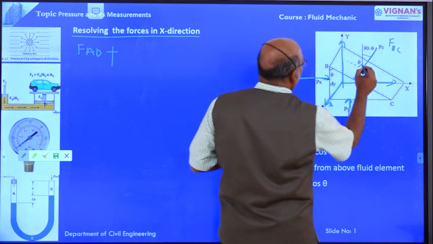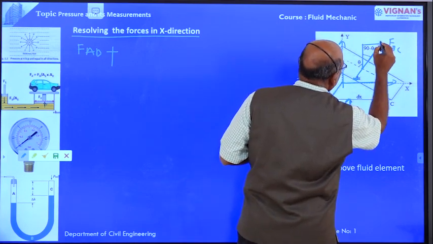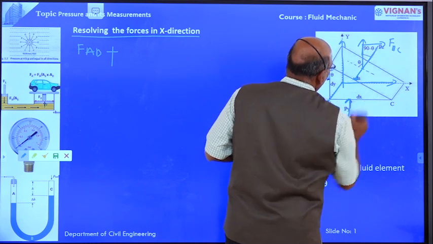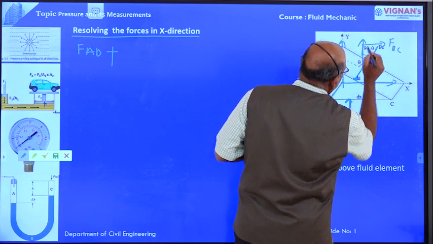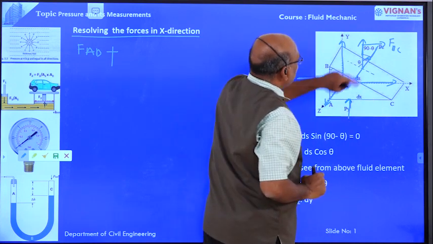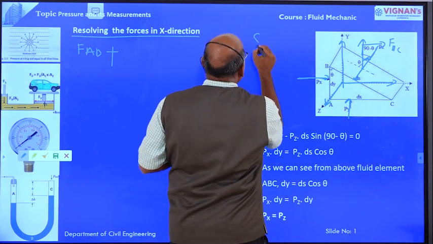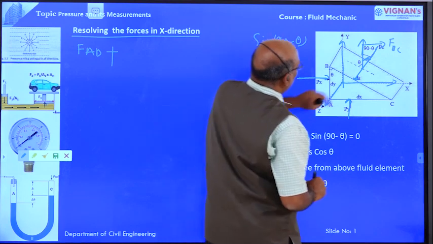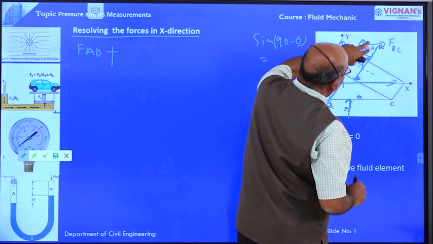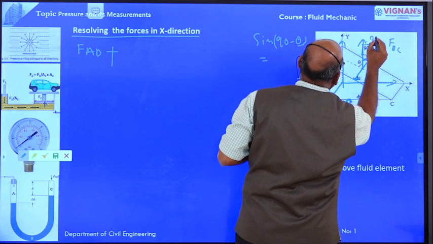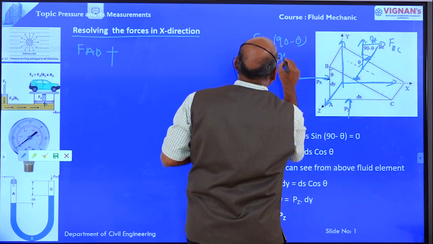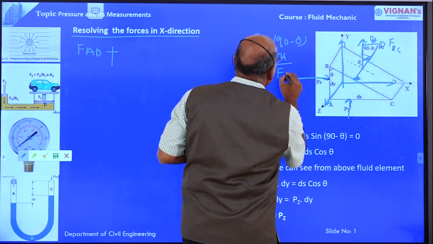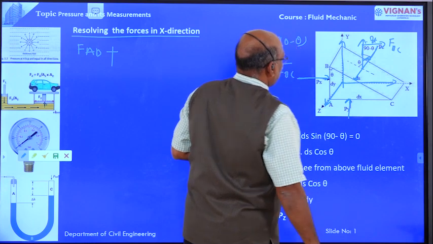This is resolving into two components. One is in the x direction, another one is in the y direction. Now this is the angle, this is equal to 90 minus theta. From this triangle, sine 90 minus theta equal to opposite side, that is say x, divided by hypotenuse, that is nothing but force on BC.